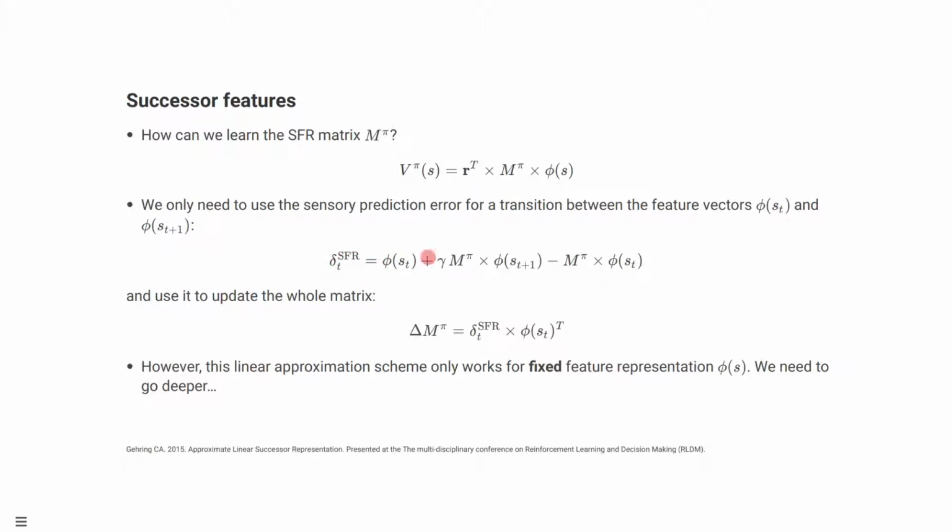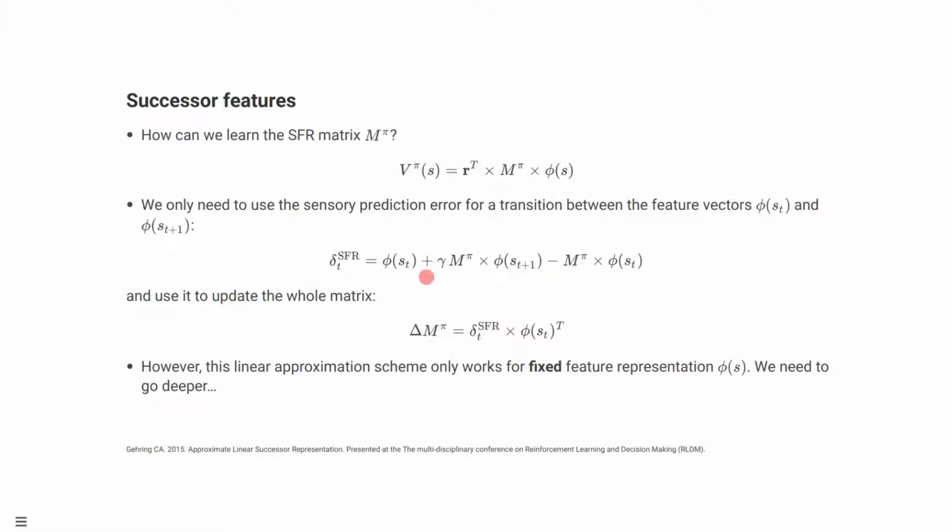So the error is: I want to predict which feature I am going to see in the future after being in the state ST. So I take my feature representation and apply the matrix M on it. That's supposed to predict which features I am going to see in the future.